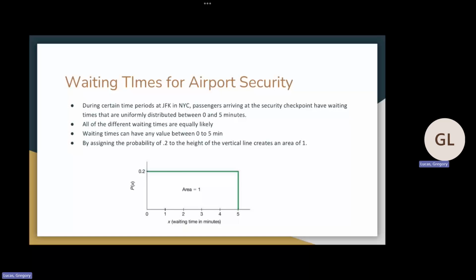And then if I have 5 possible choices, 0, 1, 2, 3, 4, 5, I break it up, 1 divided by 5, which would be 0.2. So that's how we can use this area equaling 1 to help us figure out what the probability should be. It's a little easier with the rectangle. Later on, we'll see some other ways we can do this if we have to use a different shape.